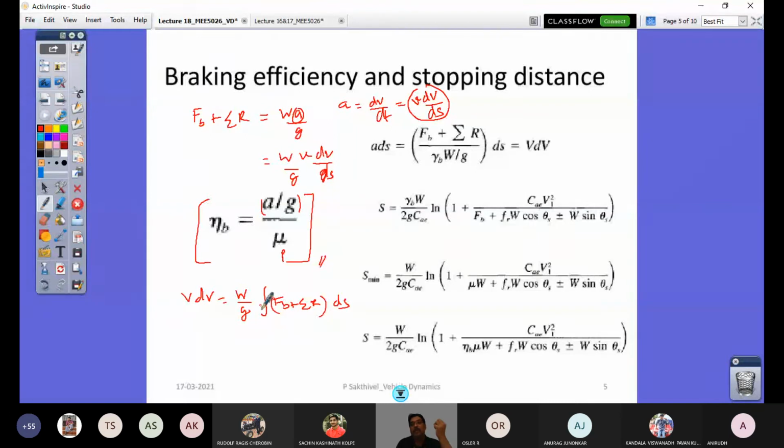Right? So that's this equation. So now ds I needed, so I can take this down. So I can take ds on this side and bring it down here. So do it like that.